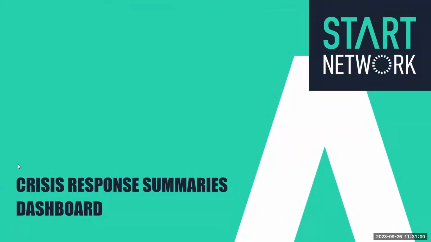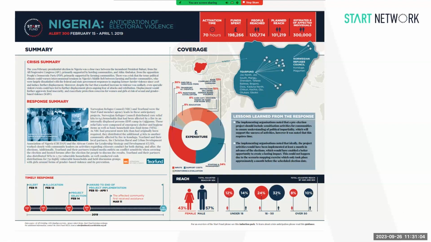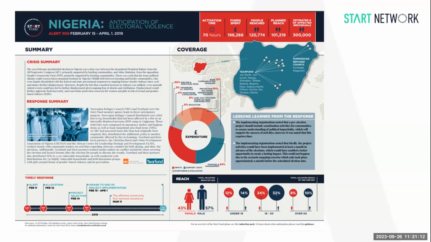As you may know, the Crisis Response Summaries, in short CRS, were originally developed in the format of a one-pager PDF that the Start Fund team created after receiving the reports for an alert. We summarised the crisis, the response that member agencies implemented, their lessons learned, how many people they reached, and how the budget was spent.